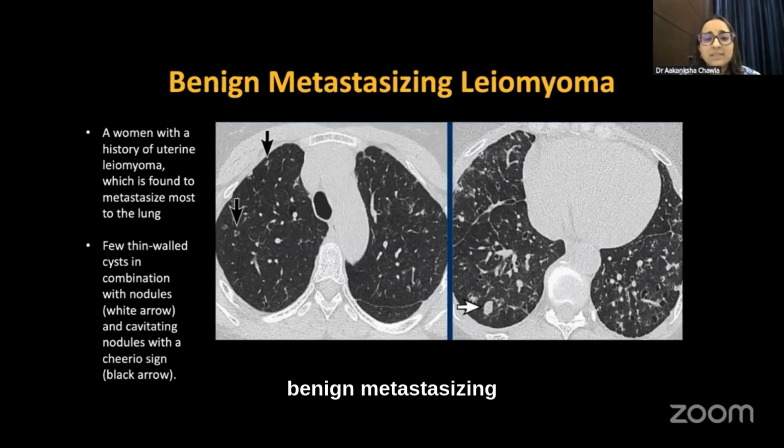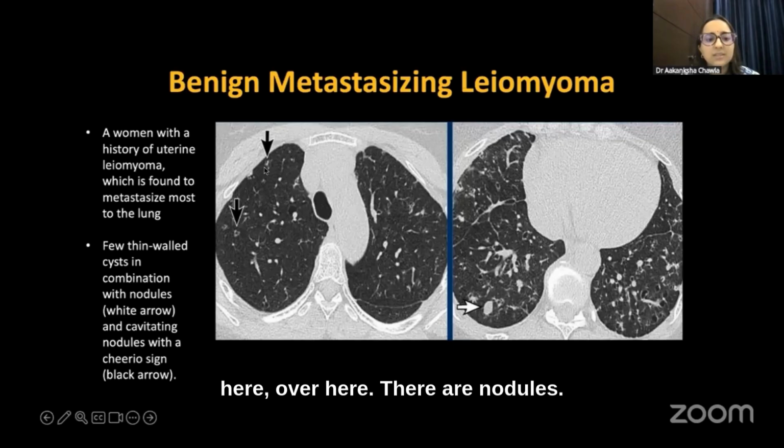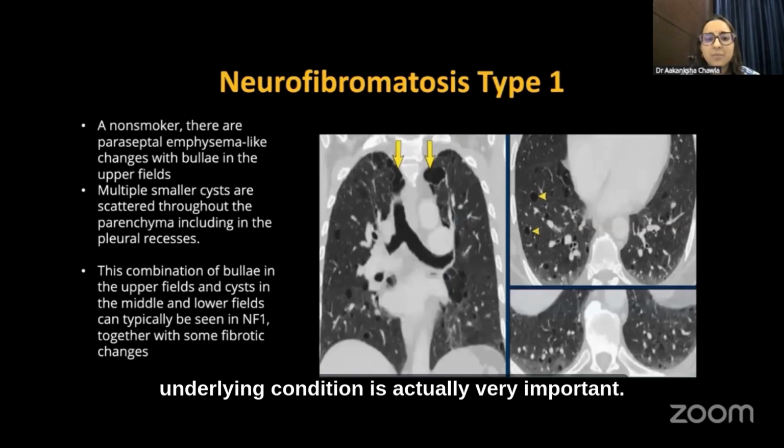Then benign metastasizing leiomyoma in a woman with a history of uterine leiomyoma. You can see a few thin-walled cysts with a combination of nodules. There are nodules, and there is again the Cheerio sign that can be seen here. So the underlying condition is actually very important.